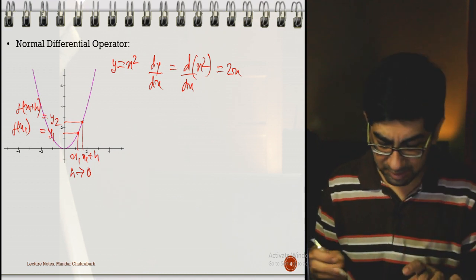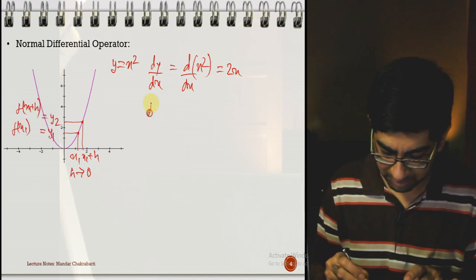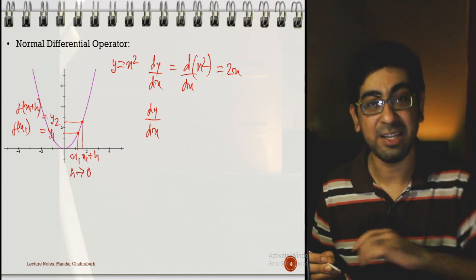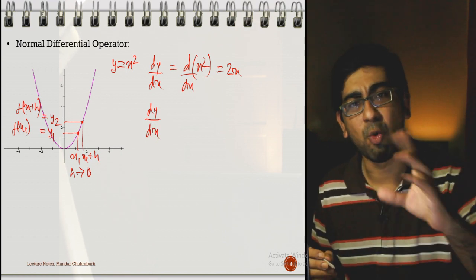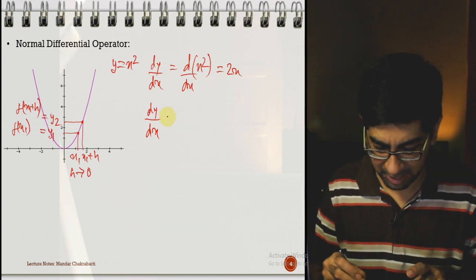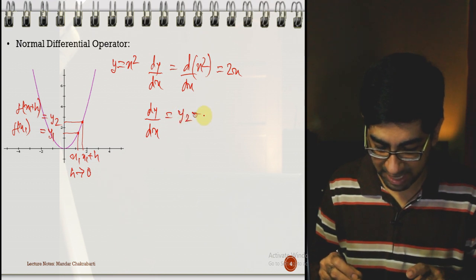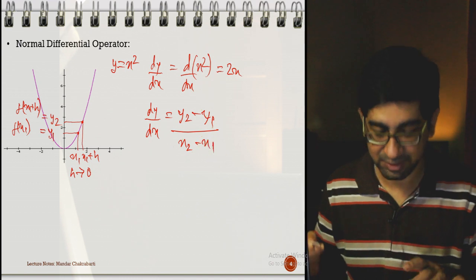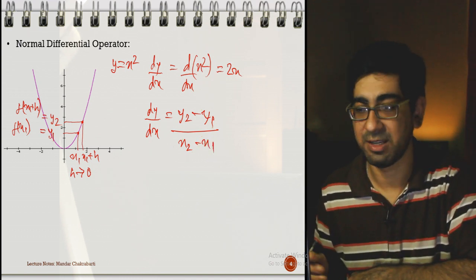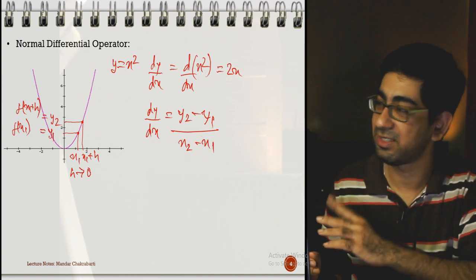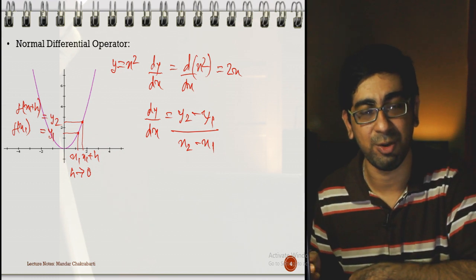And essentially, if I want to calculate dy dx, then the only thing that I'm actually trying to calculate is y2 minus y1 divided by x2 minus x1. That is the only thing that we are trying to calculate.